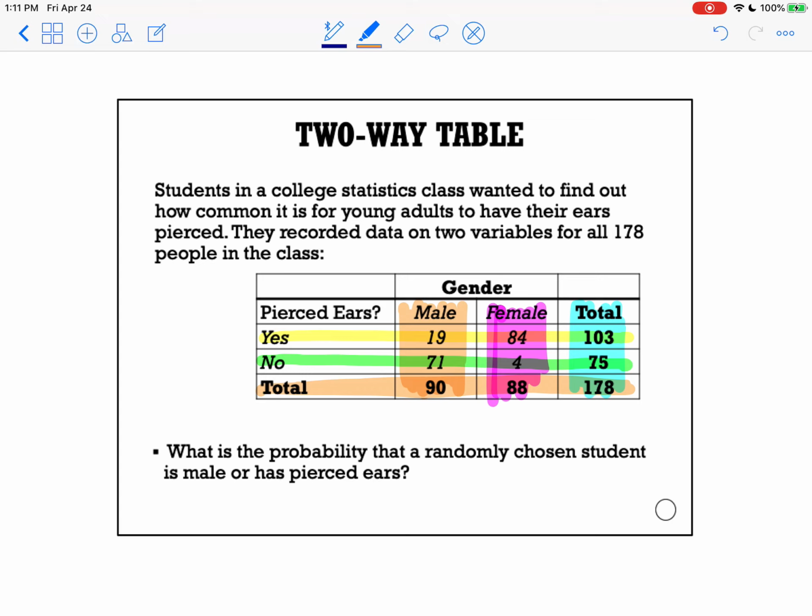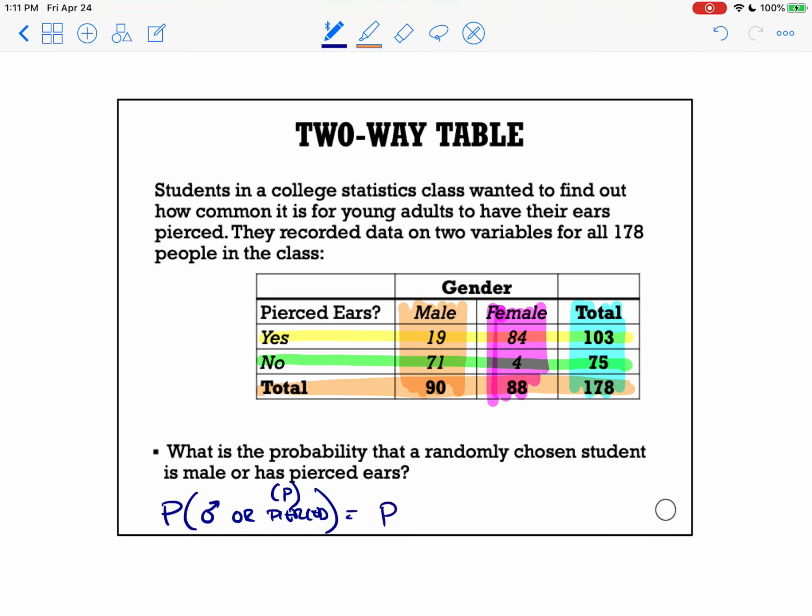So we want to know, what is the probability that a randomly chosen student is male or has their ears pierced? Let's just call that P for short.